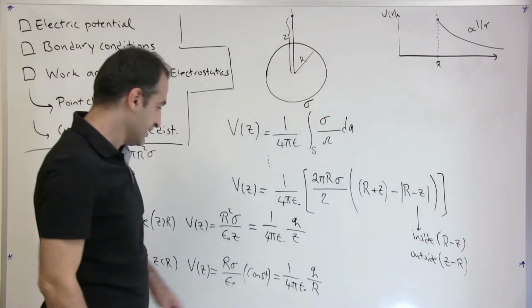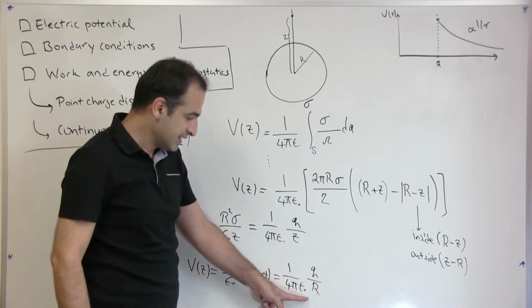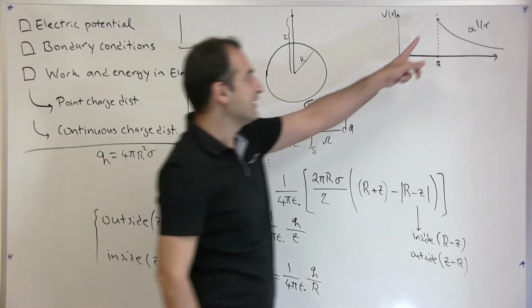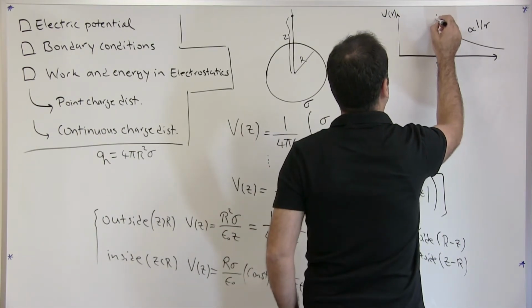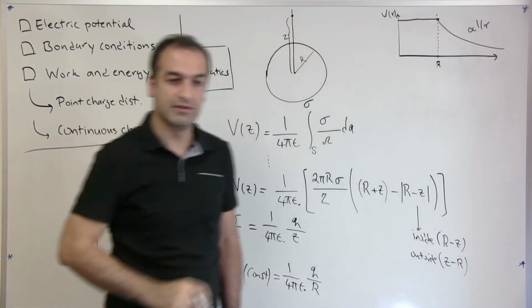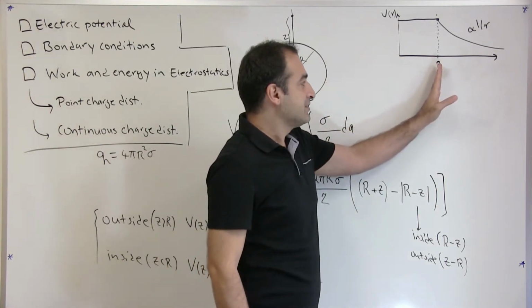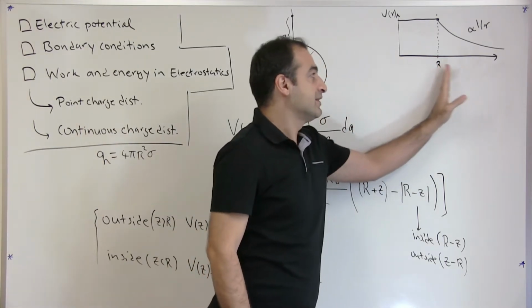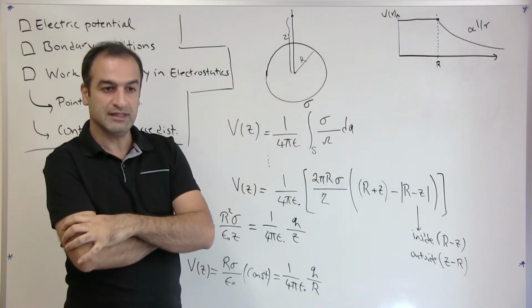Inside, it's a constant, and is exactly equal to the value of the potential right at the boundary. So inside, we have this continuous potential. Okay, so continuous constant, and as soon as you're outside the sphere, it's going to drop as a function of 1 over r. Sounds good?